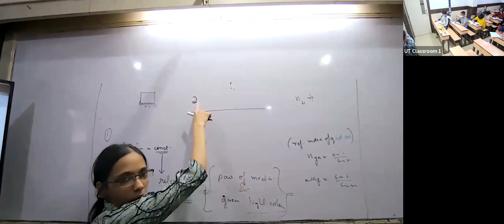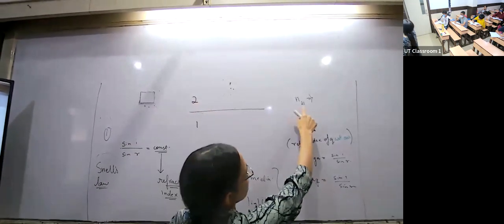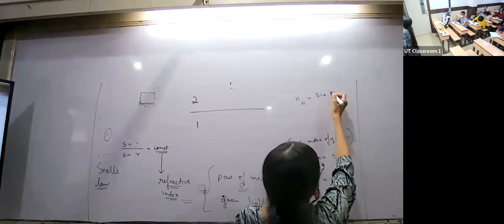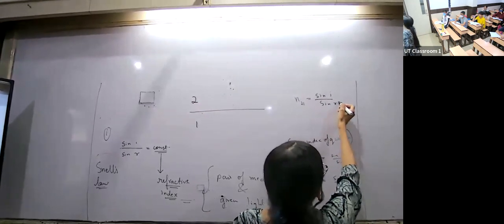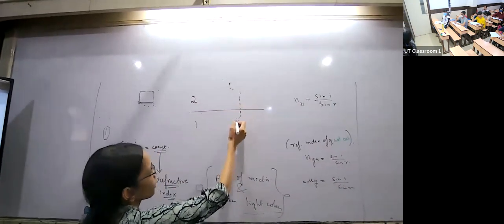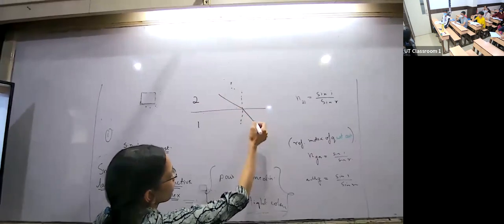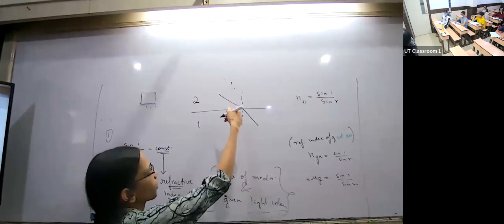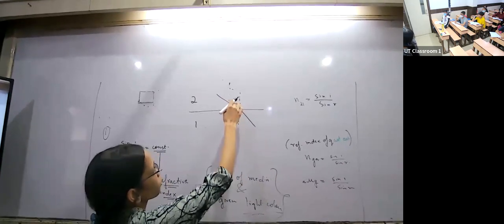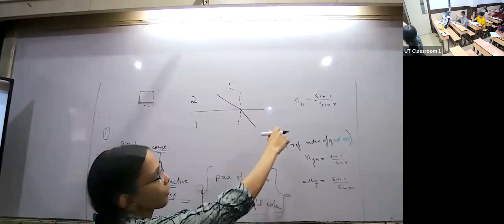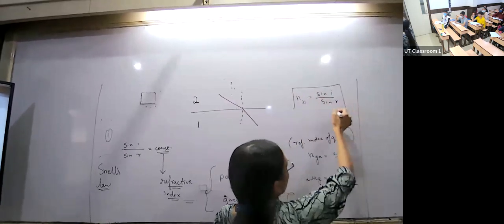This is medium 1, medium 2, and for this refractive index, I'm already given that it is equal to sine i upon sine r. All right, and I'm giving this right now. Okay. Can you tell me which one is i? I mean, there is a bend. So which one is i? Is this i or this r, or this i or this r? When the formula is this.